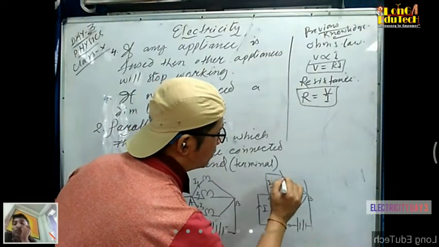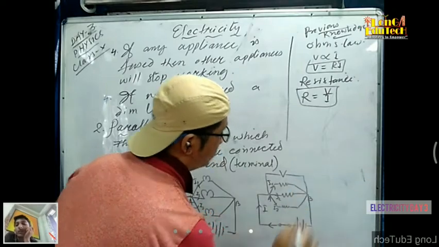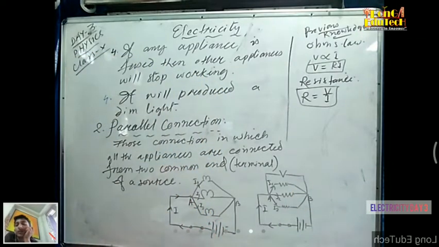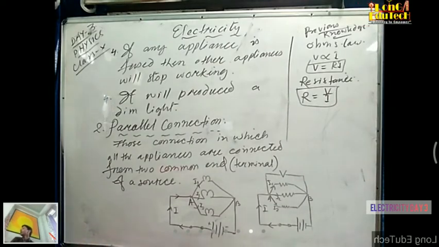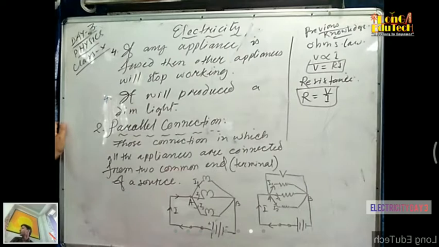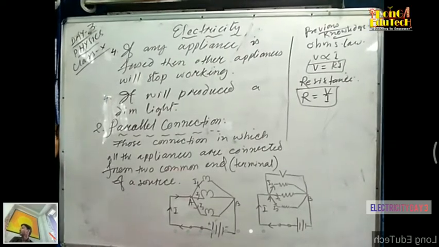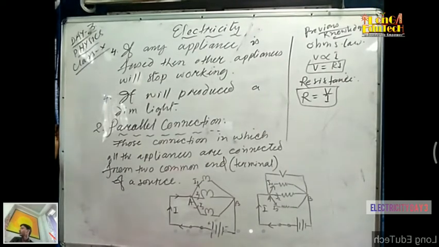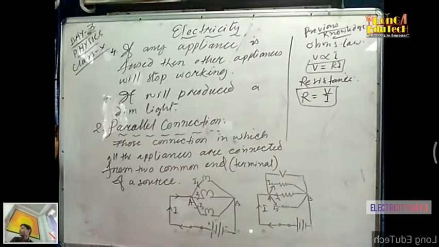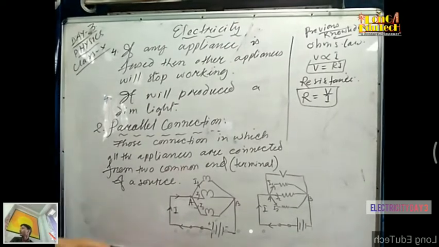All the appliances get the same voltage, the same potential difference. So that's why they will give a very bright light if we use bulbs and all. So high peak voltage, we'll get all these things. So this is all about the diagram.